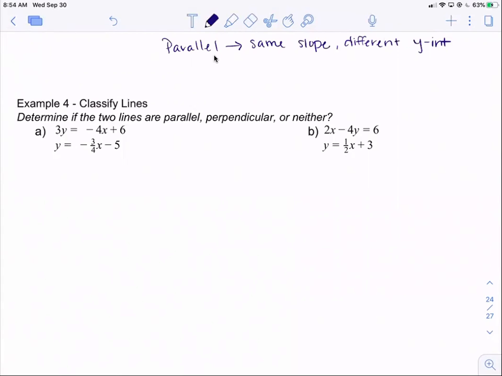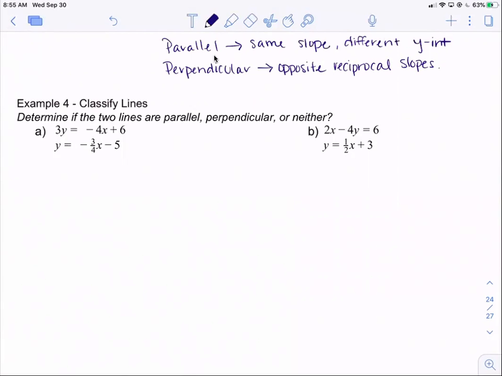And remember, perpendicular lines are going to have opposite reciprocal slopes. And they could have the same y-intercept, that's fine. That would just be their point of intersection.